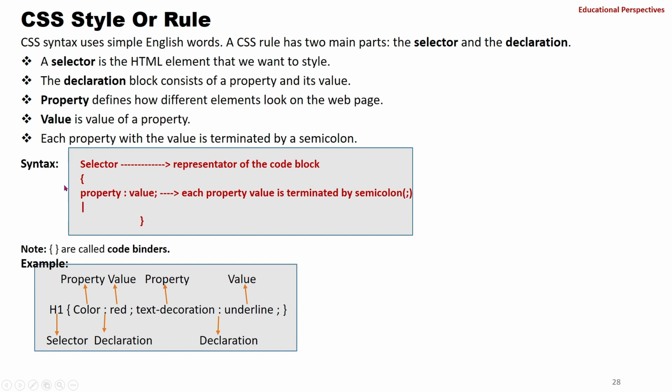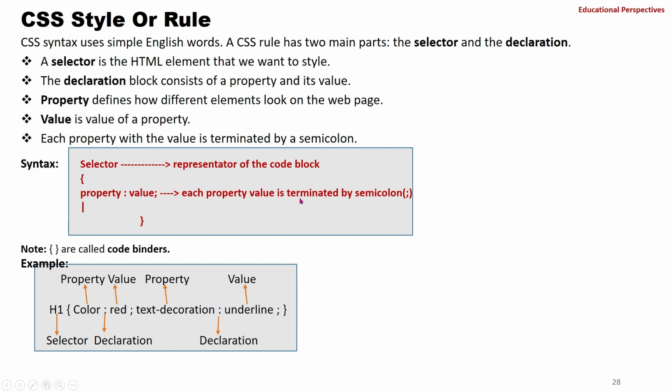Now here is the syntax: selector, then the declaration block. That means this selector is your HTML element, that is the tag. Then comes your curly bracket, then property colon value, and then a semicolon.